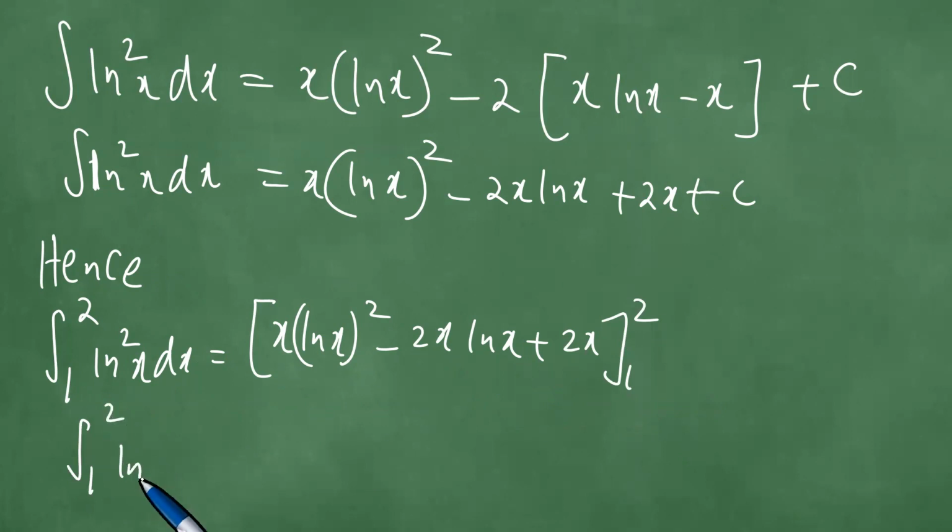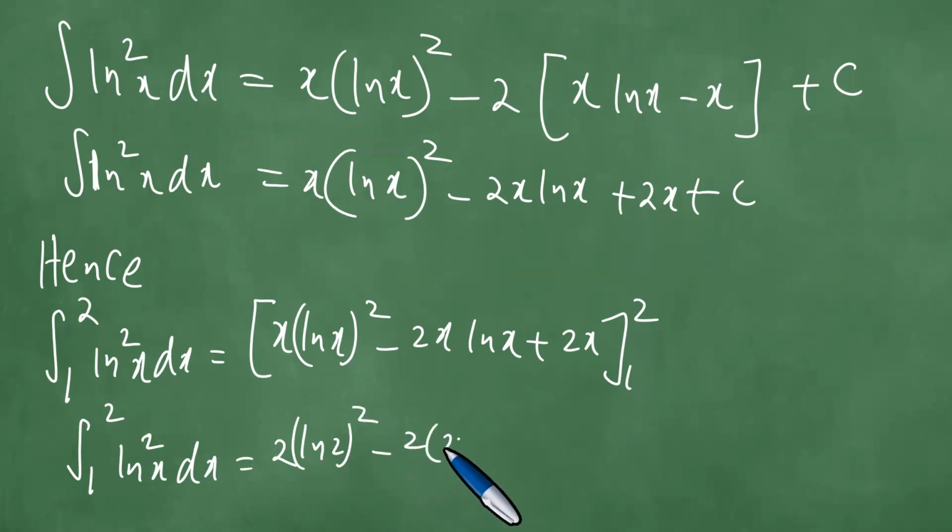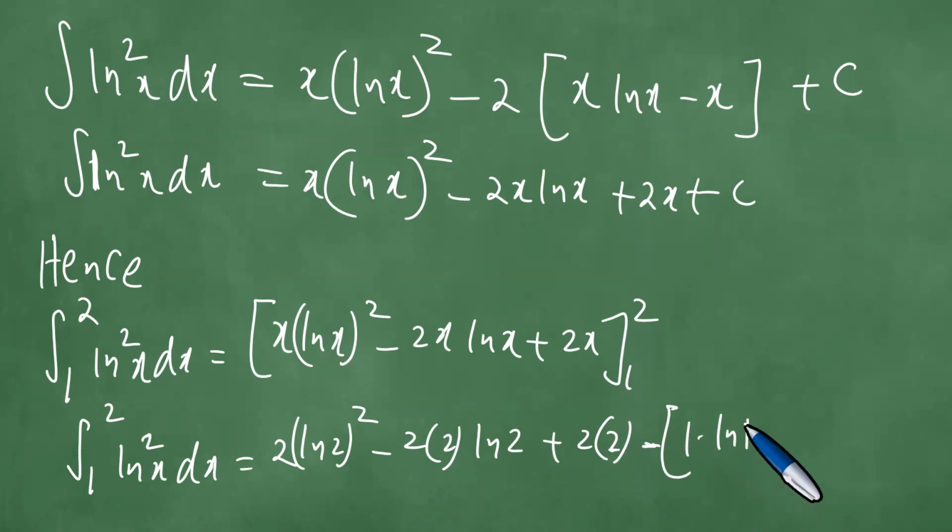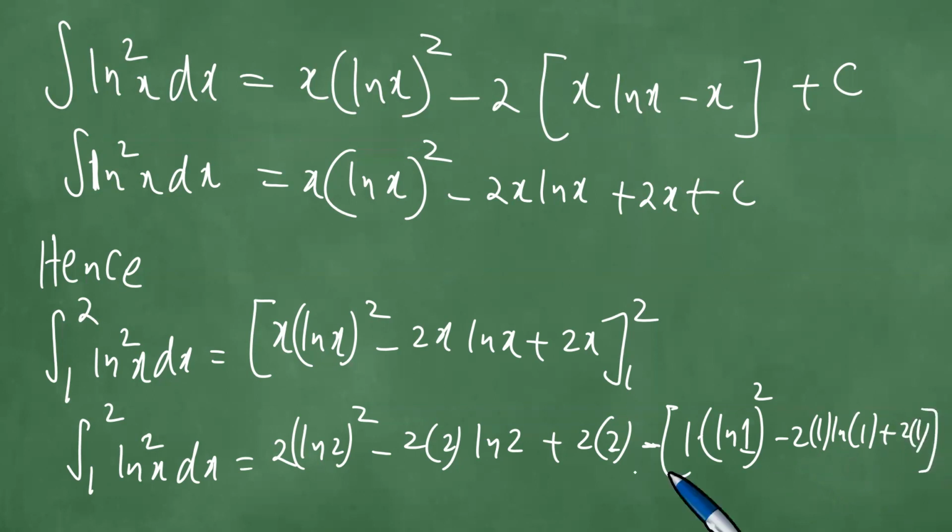That is 2 times the ln of 2 squared, minus 2 ln 2, plus 2 times 2, minus the substitution by 1, which is 1 times the ln of 1 squared, minus 2 times 1 times ln 1, plus 2 times 1.